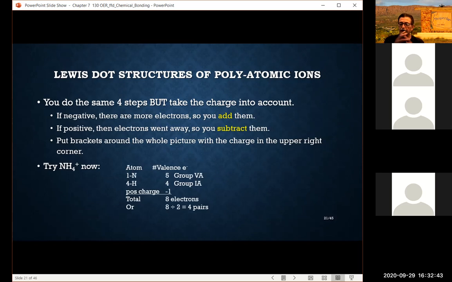We add up the valence electrons. 1 nitrogen gives us 5 valence electrons. 4 hydrogens gives us 1 valence electron for each hydrogen. So we have a total of 9 valence electrons from the atoms. And because it is a cation, we subtract 1 pair of electrons. So we now have 8 valence electrons to work with.